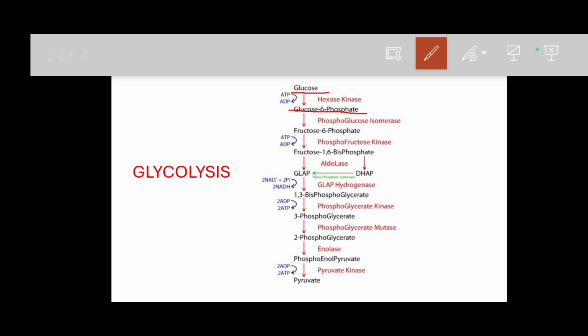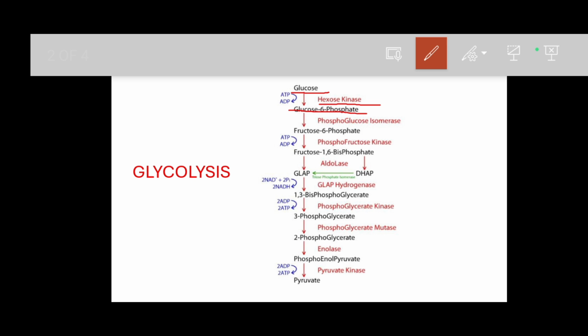The enzyme that helps in the conversion of glucose to glucose 6-phosphate is hexokinase. Always remember that kinases are a type of enzyme that helps in the addition of a phosphate group at a particular position.